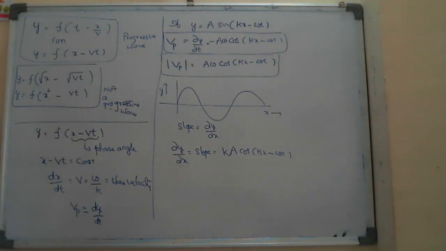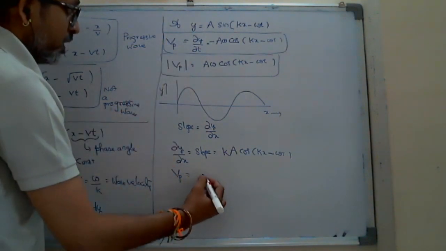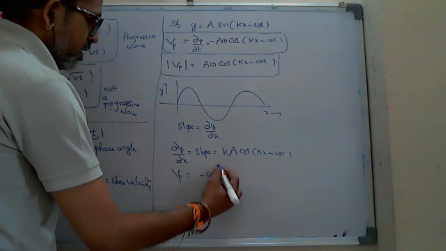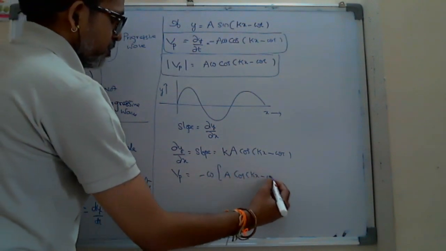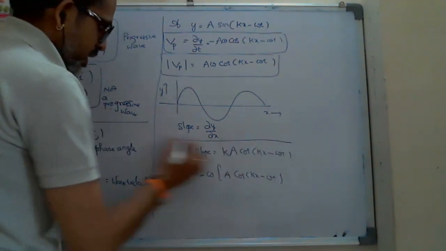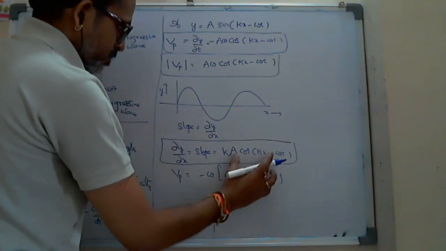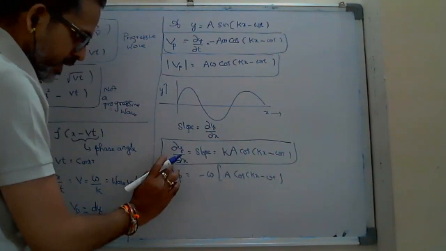What is the velocity of the particle? What I got here is minus omega into a cos kx minus omega t. Look here, a cos kx minus omega t, from this equation, you can write as dou y by dou x divided by k.